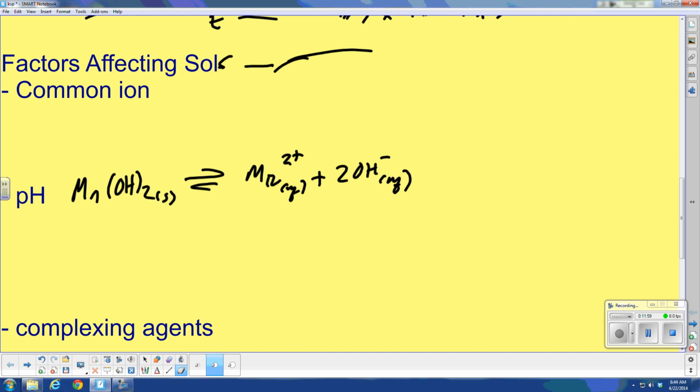Good. And let's say that this is not in water, but at a pH of 10, which means it is basic, right? Now, quantitatively or qualitatively, we can figure out what happens. If my pH goes up from 7, what has happened?